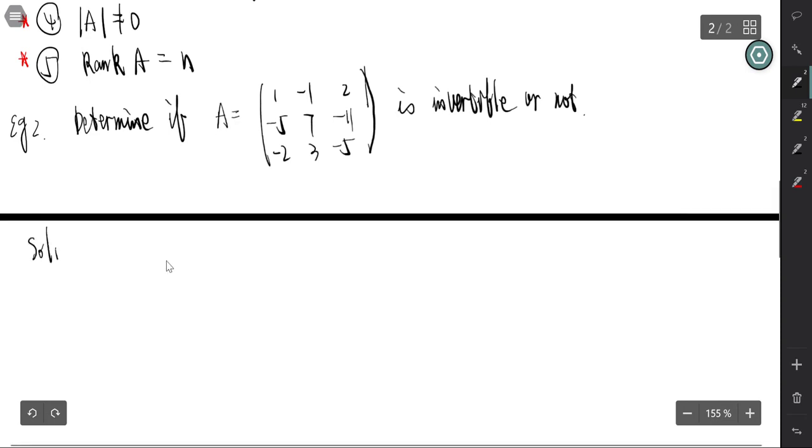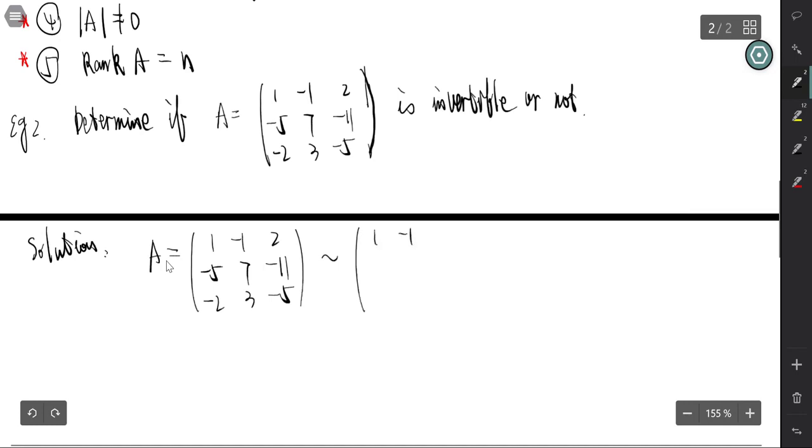The solution is we can use the rank. The matrix is 3 by 3, so we use the row reduction. A is 1, -1, 2, -5, 7, -11, -2, 3, -5.